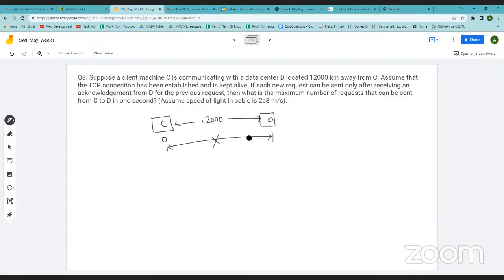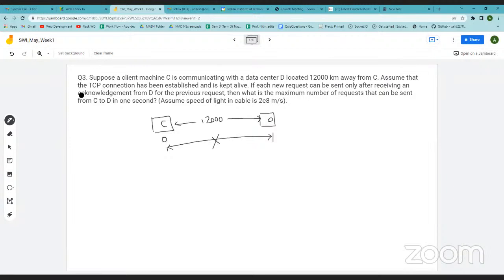So this connection is established only for one request response cycle. If I make the same request again, this connection will again be established. So what does this statement say?